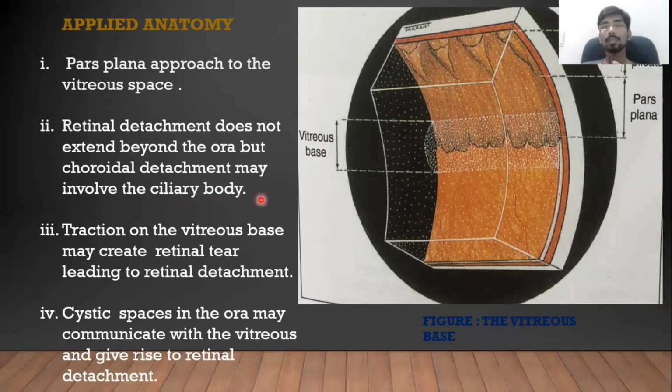So retina layer ending here only. Traction on the vitreous base may create retinal tear leading to retinal detachment. And cystic spaces in the ora may communicate with vitreous and give rise to retinal detachment.